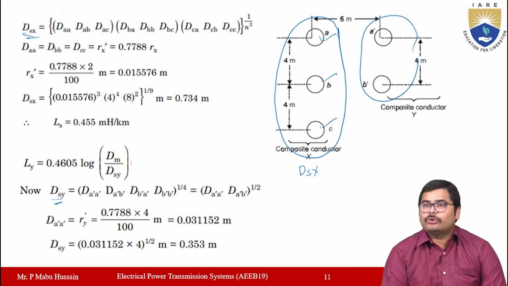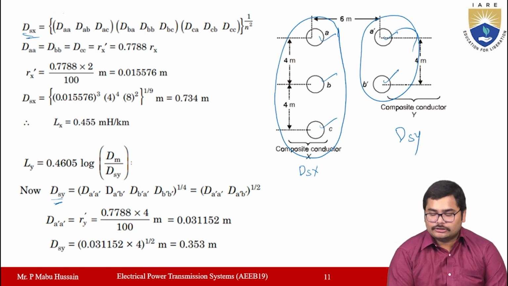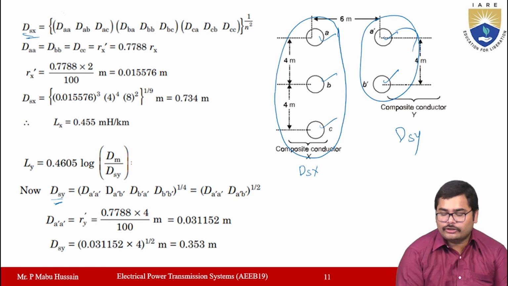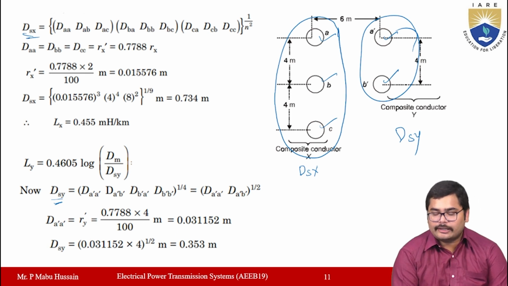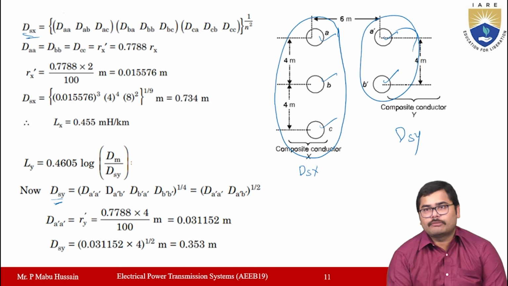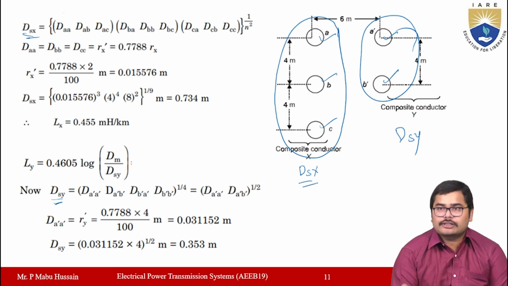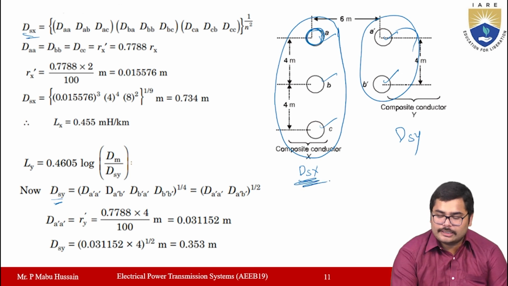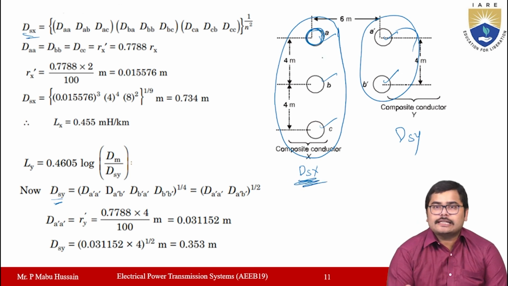Okay, then you have to take all the possible distances. Not mutual distances, self distances, right? So here, if you take phase X, you are calculating the dsx. While calculating dsx, you have to consider the A, B, C subconductors. Now if you consider the first subconductor A, what are all the possible distances to all these three conductors, along with the self distance also?